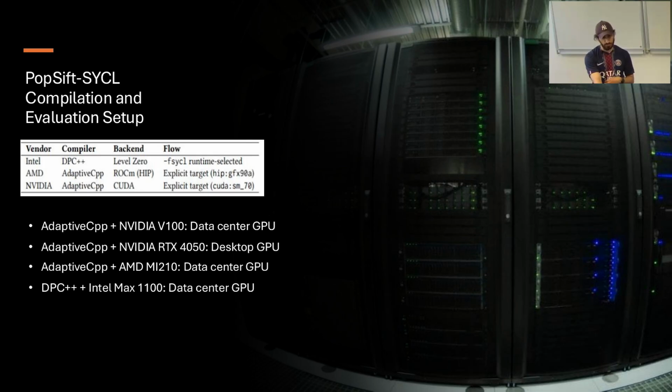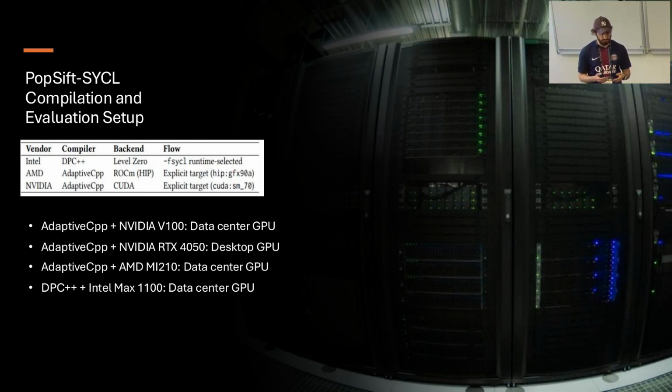I tested my code on a research laboratory's EX3 data cluster. I tried to test it on all combinations of the two compilers and different vendors, but I could only manage to benchmark on stable settings.